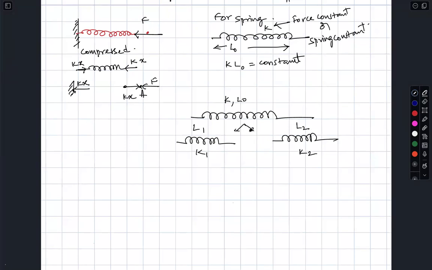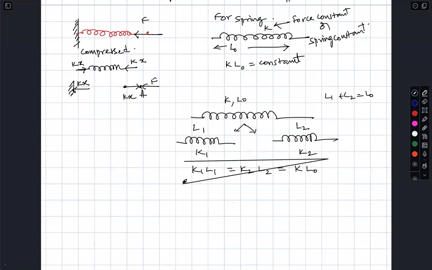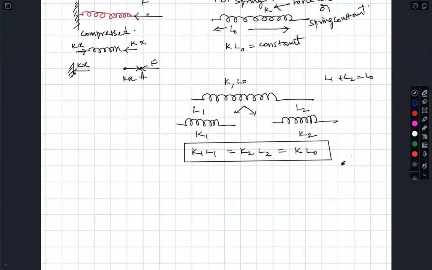If you cut the spring into two parts such that L1 plus L2 is L0, then K1 L1 is the same as K2 L2, which is the same as K into L0. That's the deal. So if you cut the spring into two parts, they will satisfy this condition.